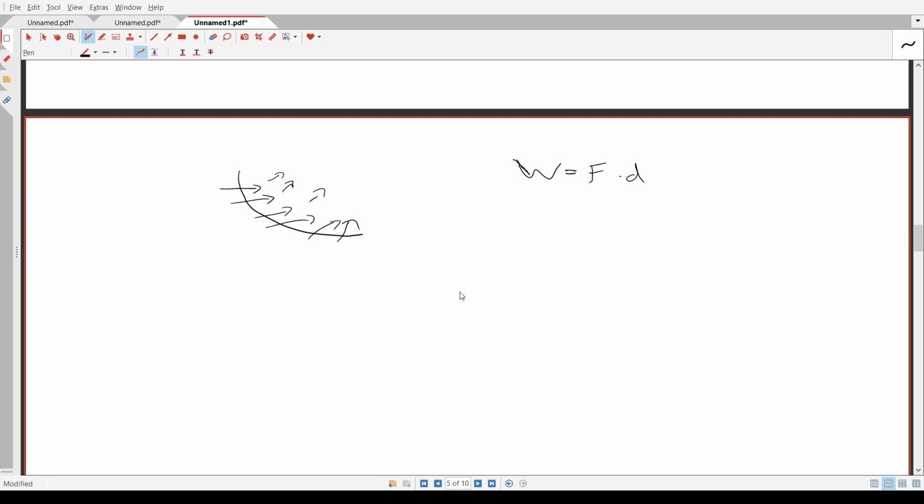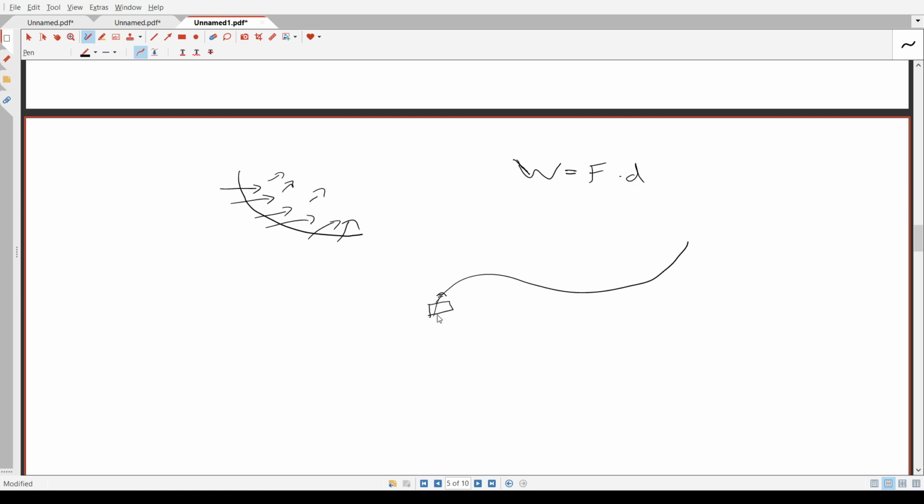So what if I was pushing a box along a zigzag path like this? It's moving along this curve, in this direction.